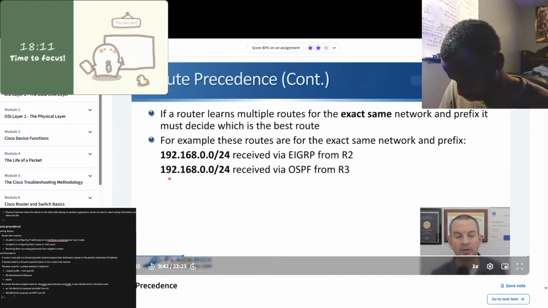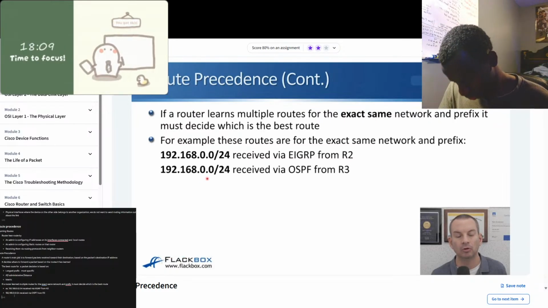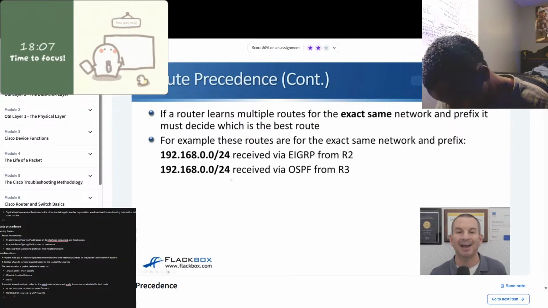for that same network prefix, 192.168.0.0/24, again, it has to decide which is the best out of these two routes.